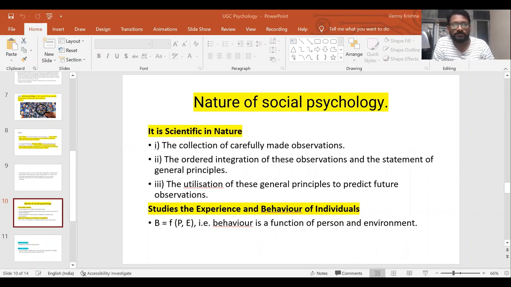Especially when we talk about the nature of social psychology, the last century witnessed the creation of a lot of different branches of sciences, and specialized branches for specific needs.